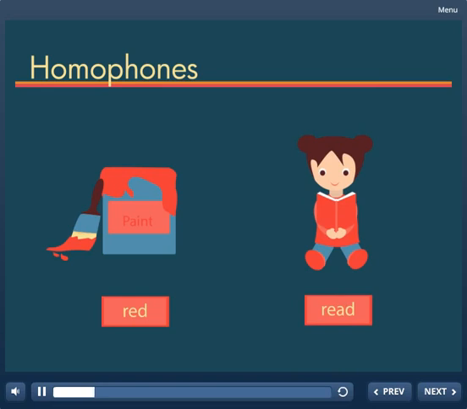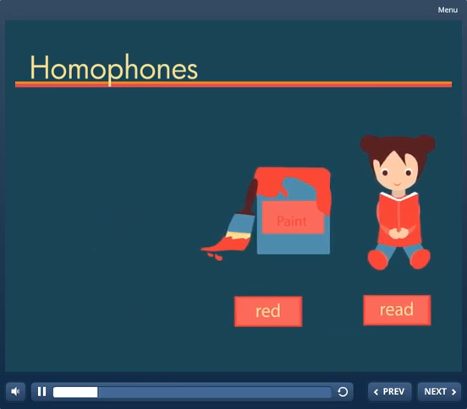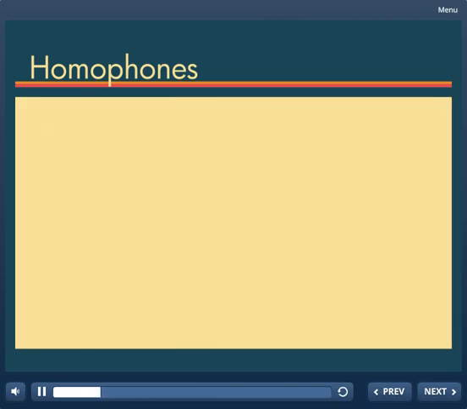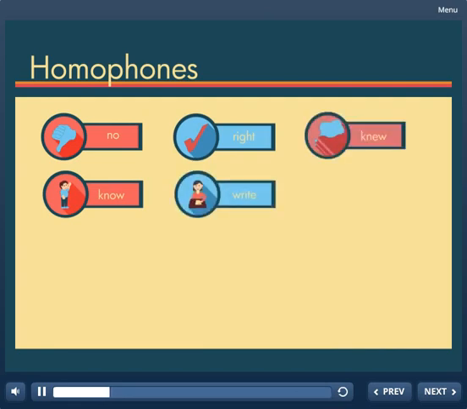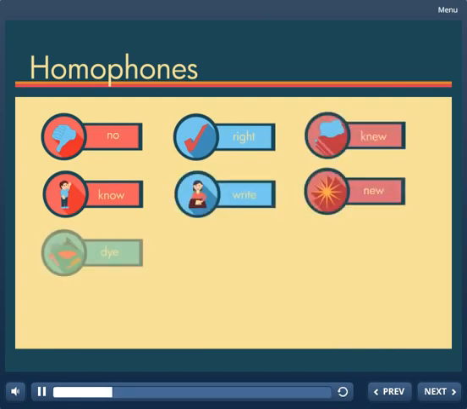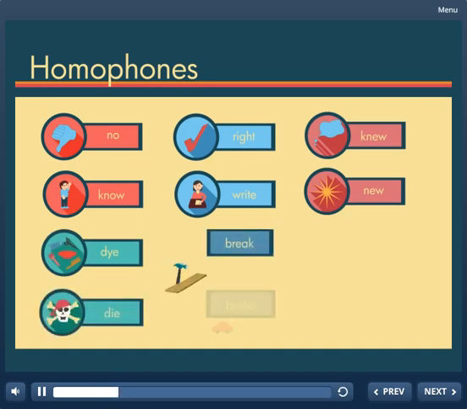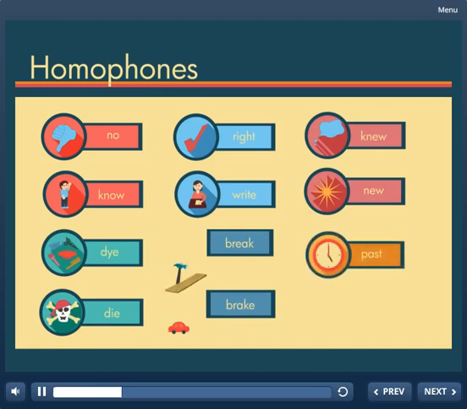There are many more examples that we already know. For example, no and know, right and write, new and knew, die and dye, break and brake, past and passed.